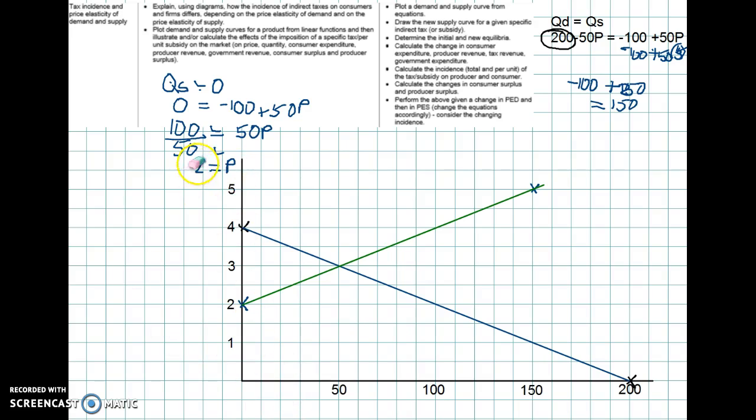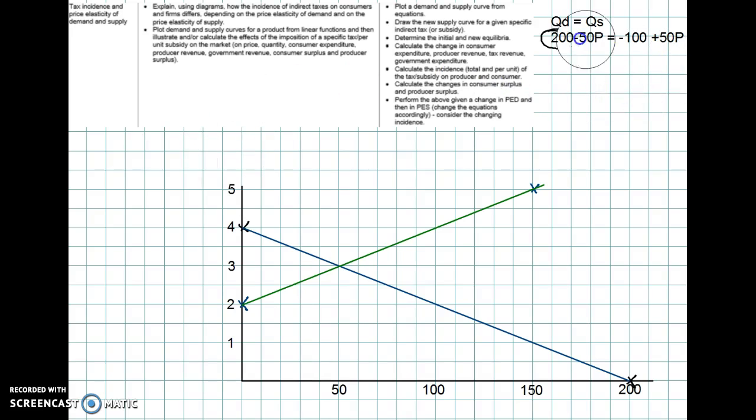So let's get rid of this working, and label these lines. So P and Q and S and D. It's D, not P. Okay, there we go.